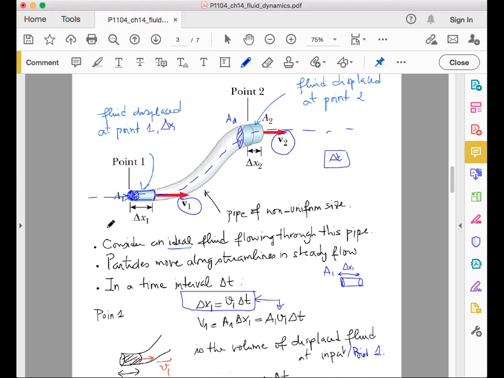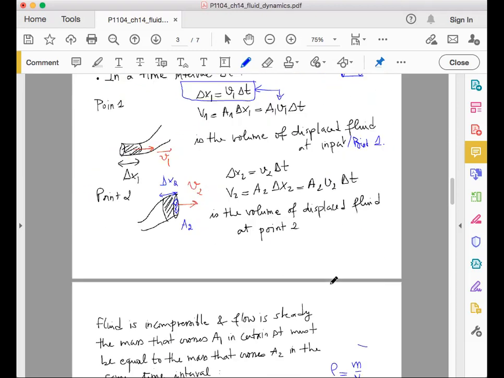For example, if we consider this pipe is above the ground, then you could immediately recognize that point 1 is at a given elevation y1 with respect to the ground, while point 2 is at a different elevation. So how would this difference in elevation affect the pressure at point 1 and point 2, and also the speed at point 1 and point 2?